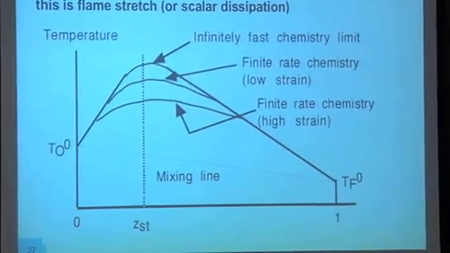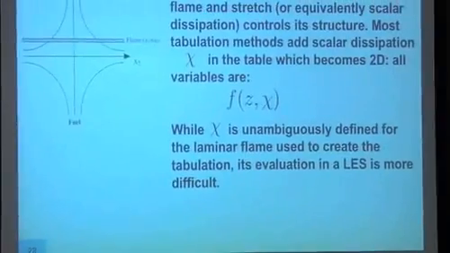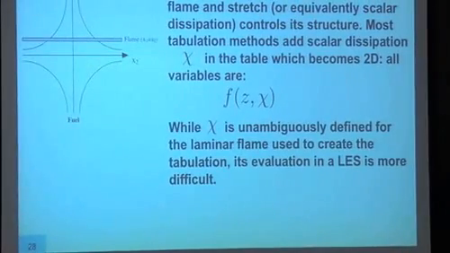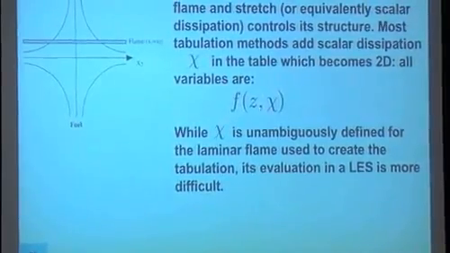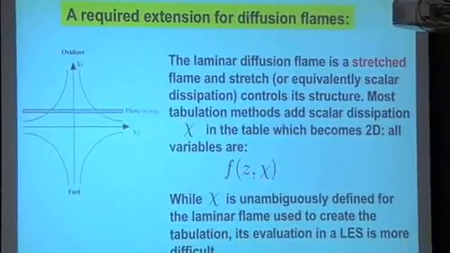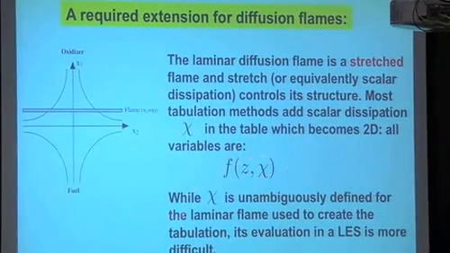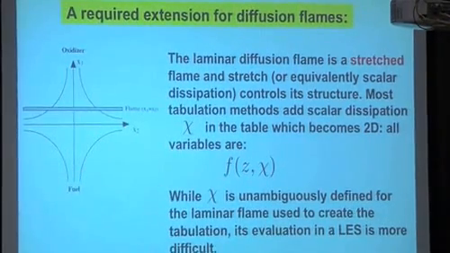As I said yesterday, stretch and scalar dissipation for diffusion flames play the same role. So that means now, instead of tabulating only as a function of Z, right away you see that you need to introduce Z and the scalar dissipation. So you need to tabulate these flames now, for example, in a stretched diffusion flame, you will store the reaction rate as a function of Z and scalar dissipation. One more variable.